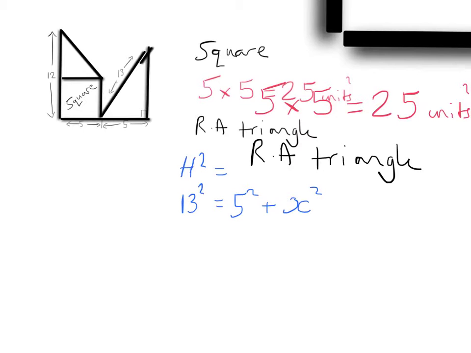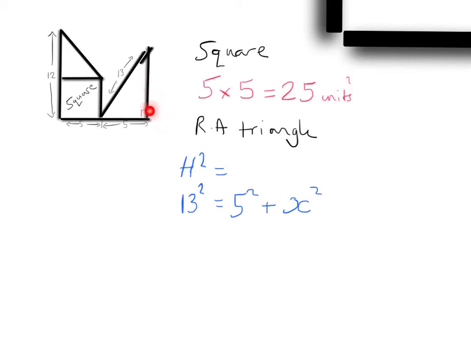and x is the height of this side here. So 13 squared, 169, is equal to 25 plus x squared. So 169 take away 25. You should all be pausing the video at times like this and just testing your control of your theories and your practical application of these methods.